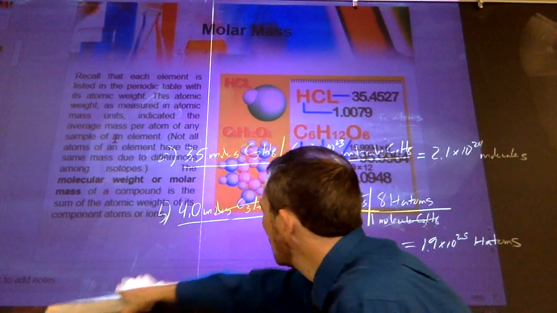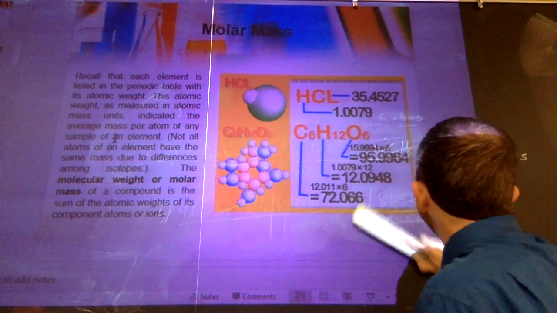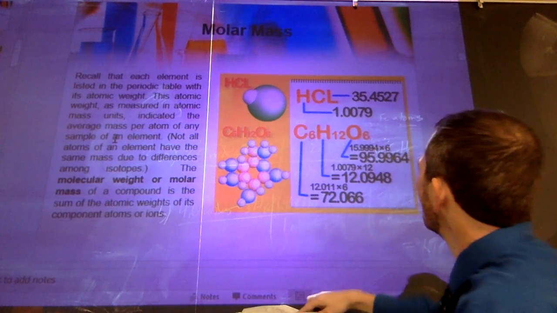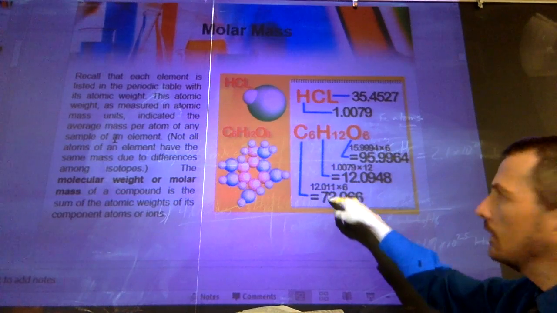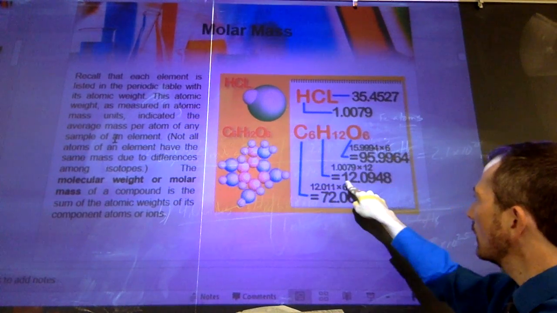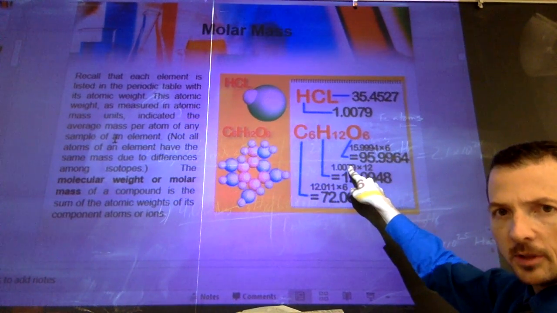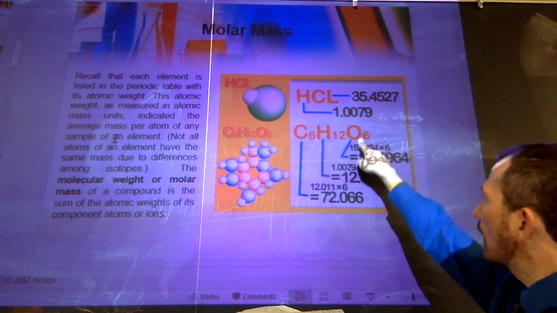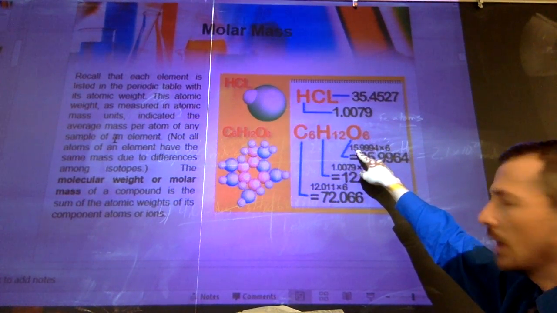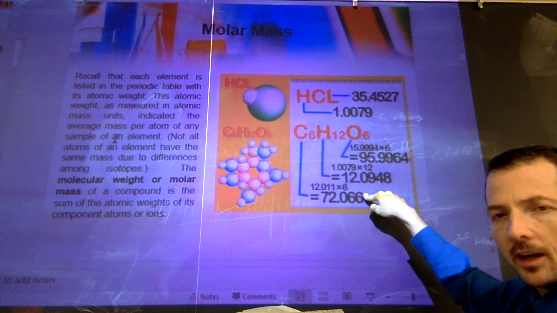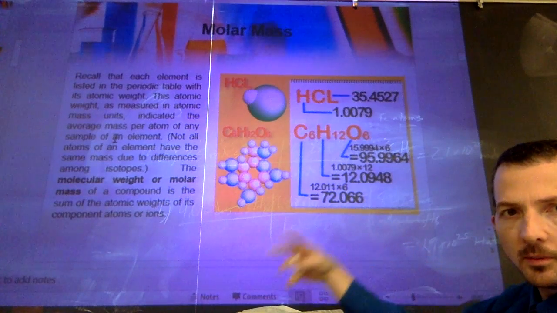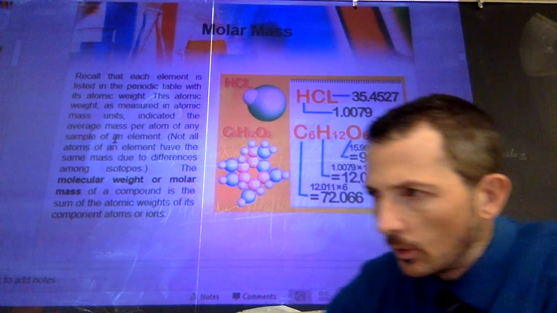So you take 6 times 12.011. You have 12 hydrogen atoms, so look up hydrogen in the periodic table and multiply by the atomic weight. Oxygen, if I look it up, is 15.9994. So multiply by 6, I have 6 of them. Then I add all those together and I get what's known as the molar mass or the molecular weight of my compound.